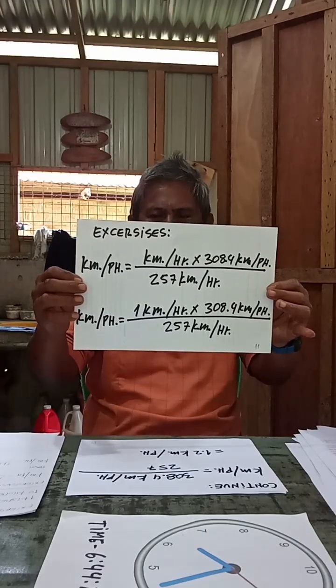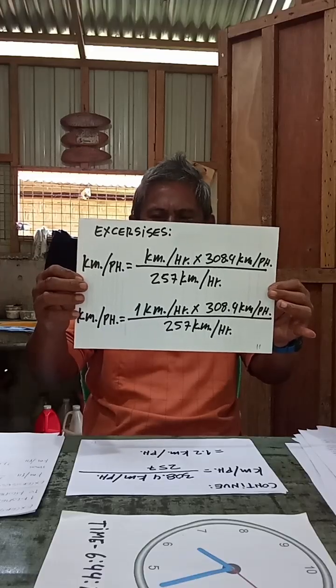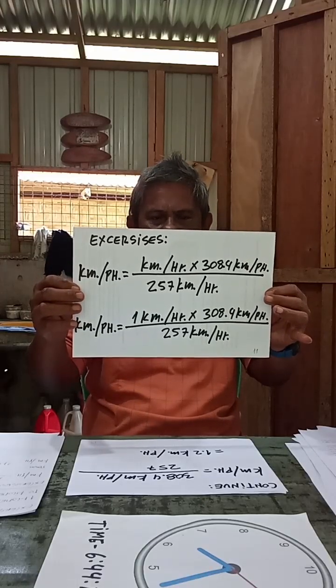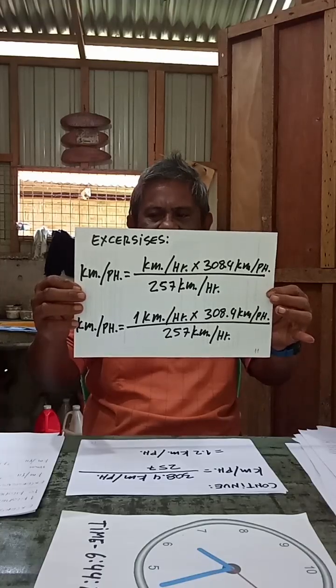So the kilometer per hour over kilometer per hour cancel, and kilometer per perihour remains.